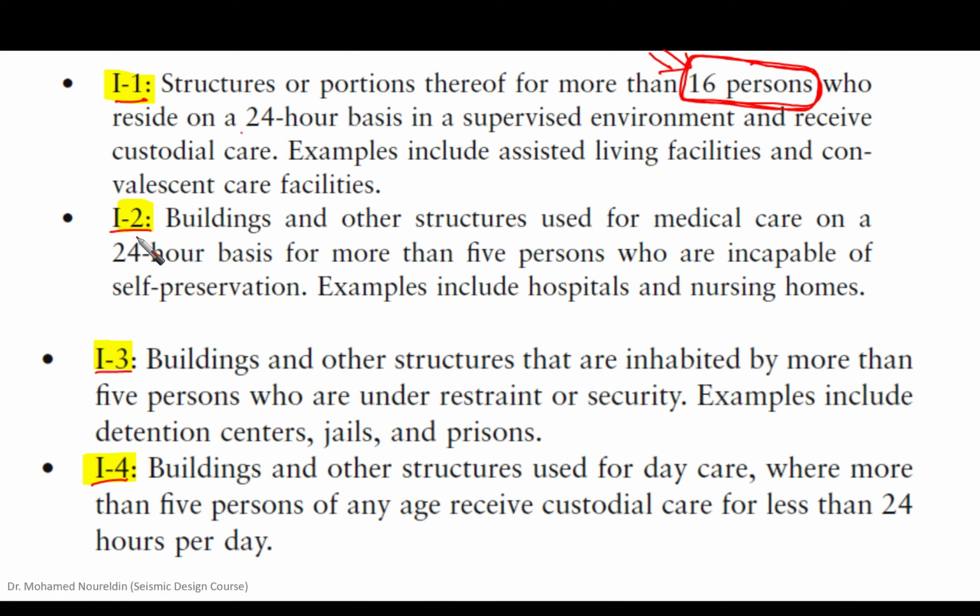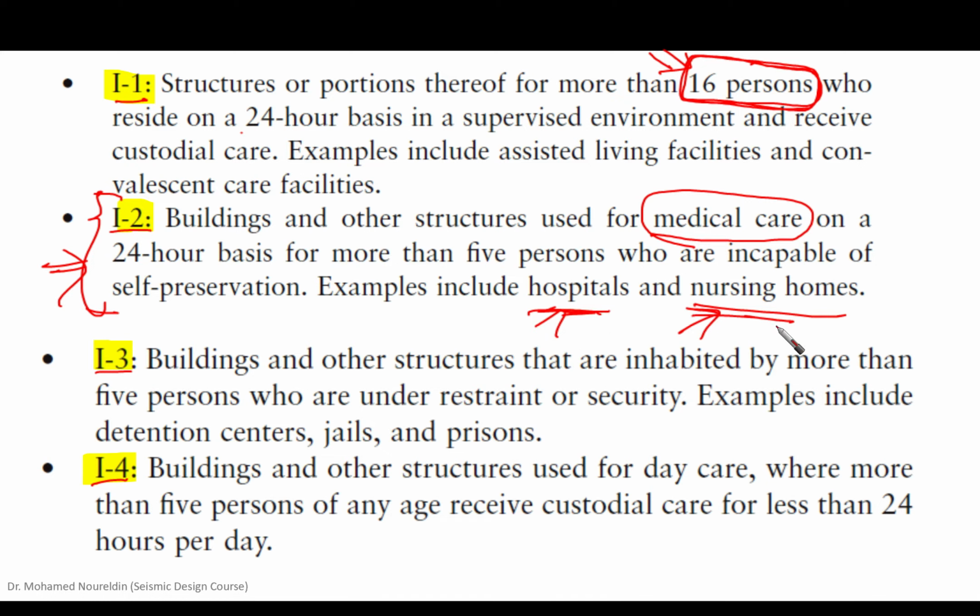And subcategory 2: buildings and other structures used for medical care on a 24-hour basis for more than 5 persons who are incapable of self-preservation. Examples include hospitals and nursing homes. That's an important issue. For us, we can highlight this based on the number and the type itself, like hospitals and nursing homes, but mostly we are looking for persons who are incapable of self-preservation.